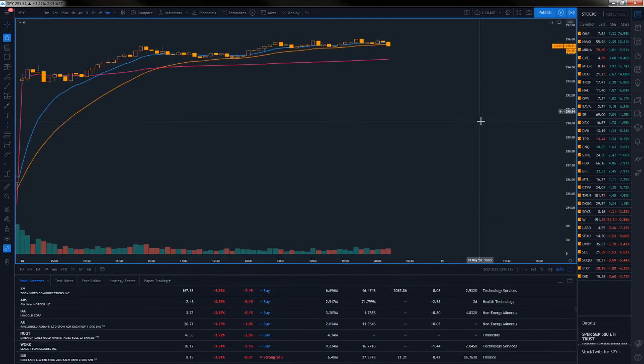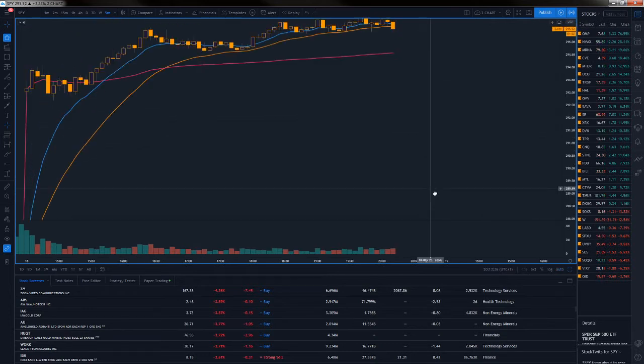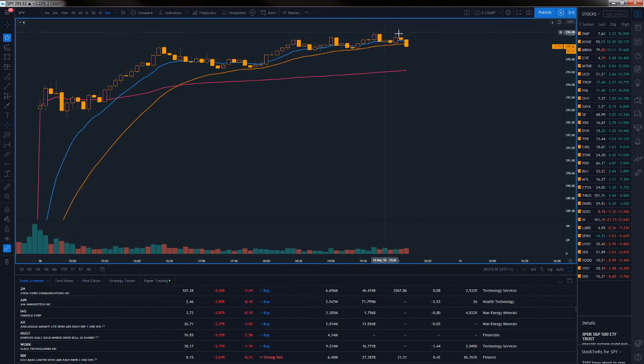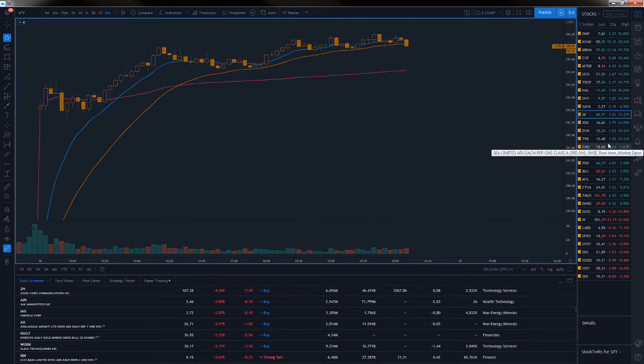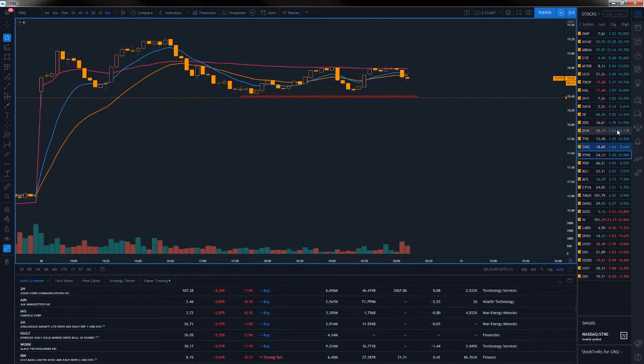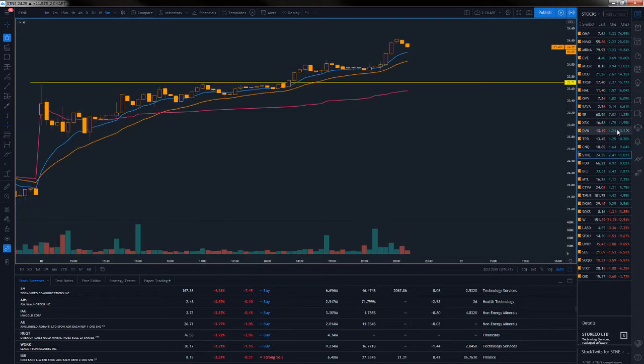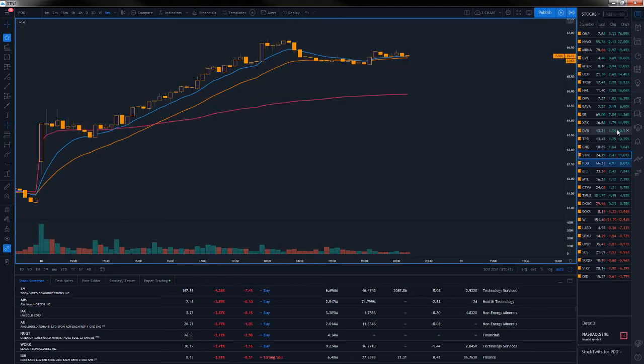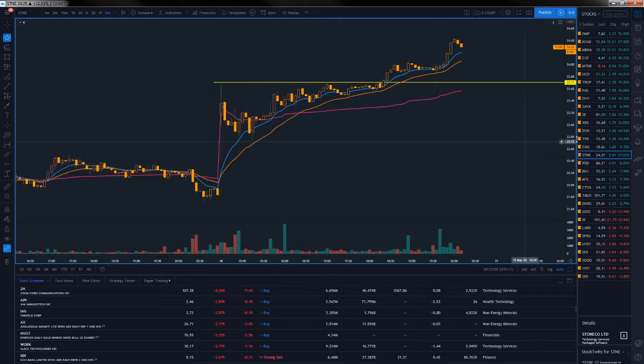It's Monday. You can see his SPY alerts really coincided with what happened with our trade. Look, faked out and reversed. But that is literally a textbook play here.